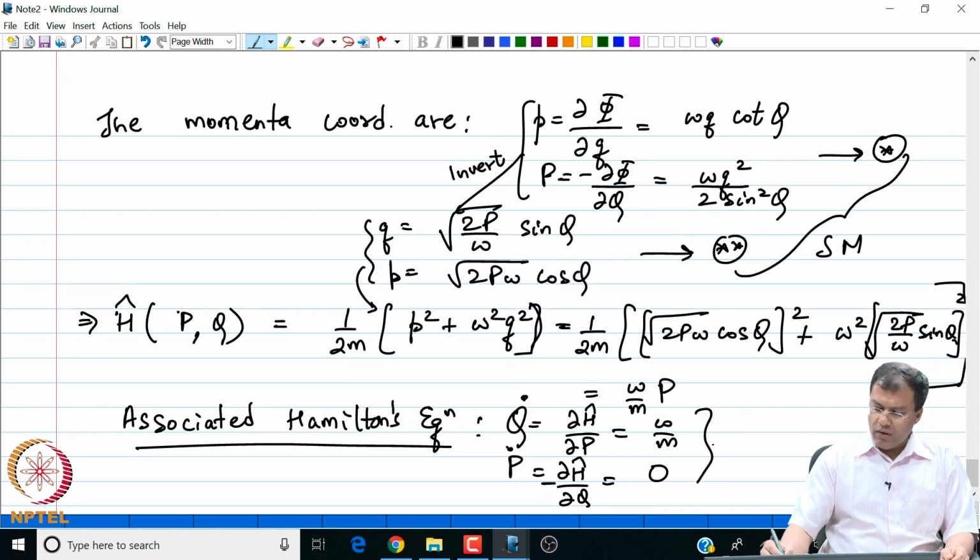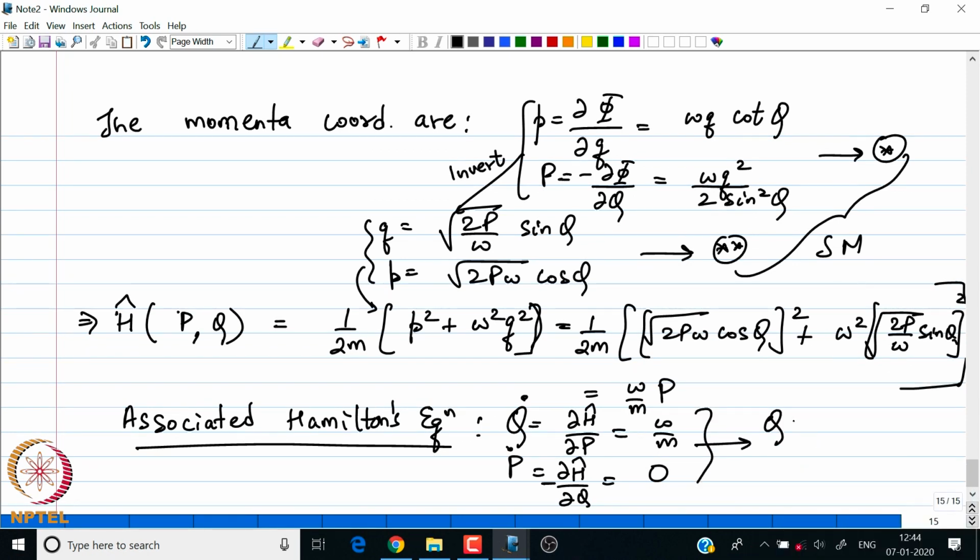From here I can quickly solve for capital Q, which is omega by m times t plus a constant of integration C1, and capital P is the constant of integration C2.